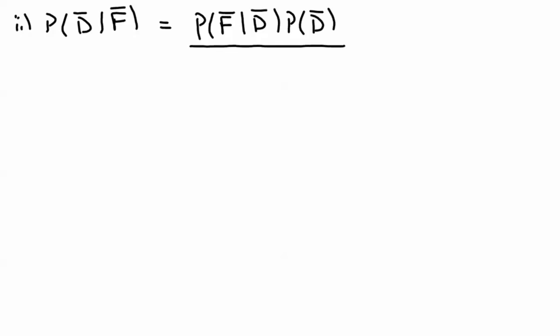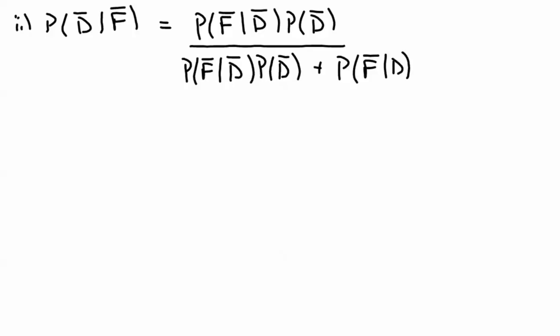So from Bayes' theorem, I just get the probability that it doesn't fail if it's not defective times the probability that it's not defective, over the probability that it doesn't fail given that it's not defective, times the probability of not defective, plus the probability that it doesn't fail if it's defective, times the probability that it's defective.